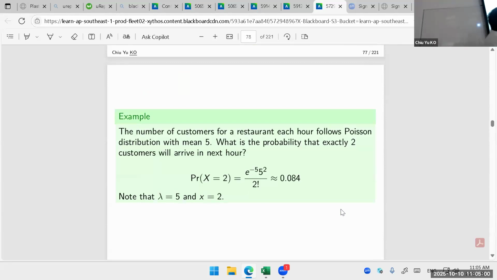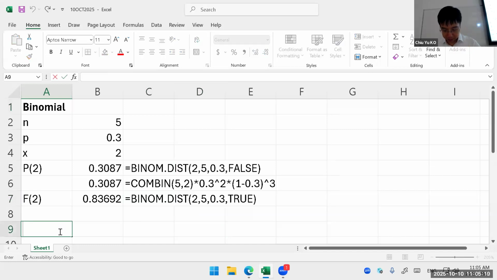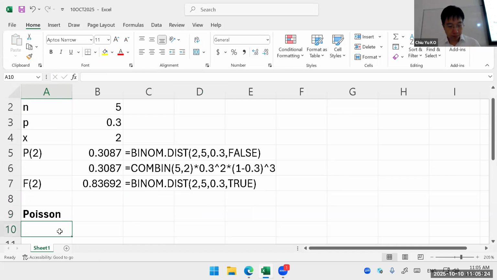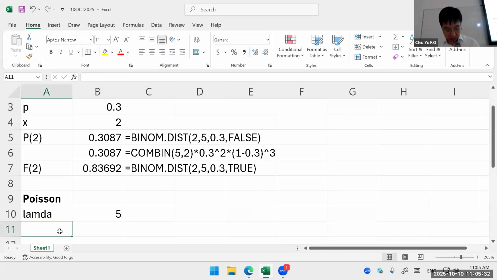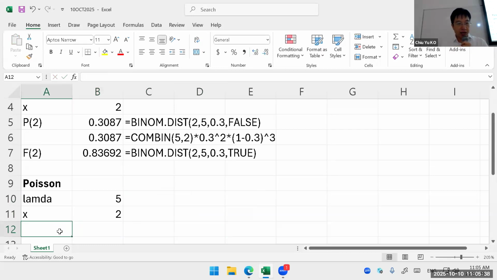The Poisson question is saying each hour, 5 customers arrive. What is the probability that exactly 2 come in? Let's see how we do that. Again, as with the binomial, let's do the Poisson. Poisson only has one thing, lambda, and lambda is 5. We're asking exactly 2 customers come in, so we're asking P of 2.